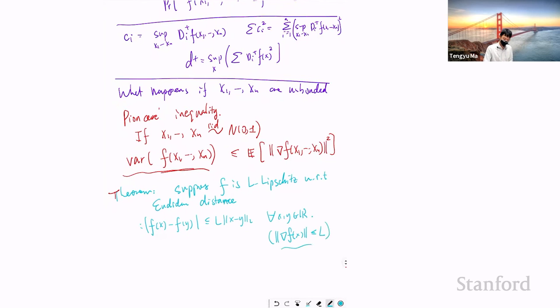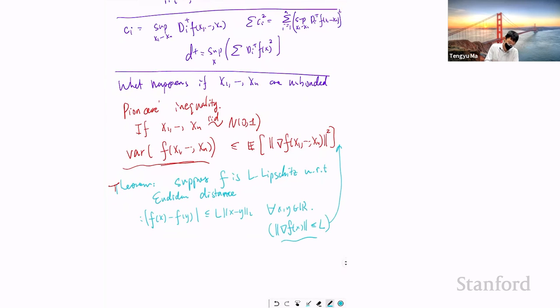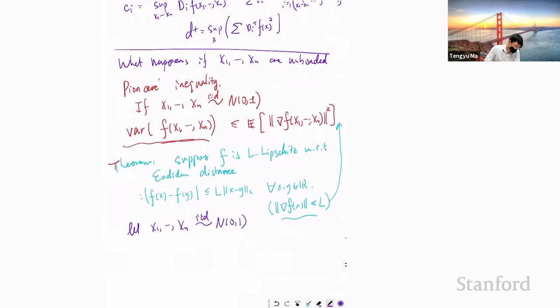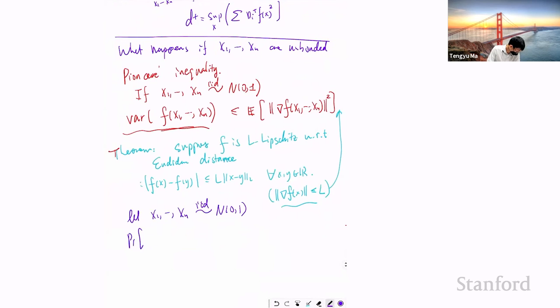You can see that this is different from the previous one because here you require the gradient at every point to be less than L, and above you require the average gradient to be something small. So here we make a stronger assumption that this function is globally Lipschitz, and then you can have a stronger bound on the tail. Now let x1 up to xn be i.i.d. from a Gaussian, and now you can have the tail bound that we would like to have.